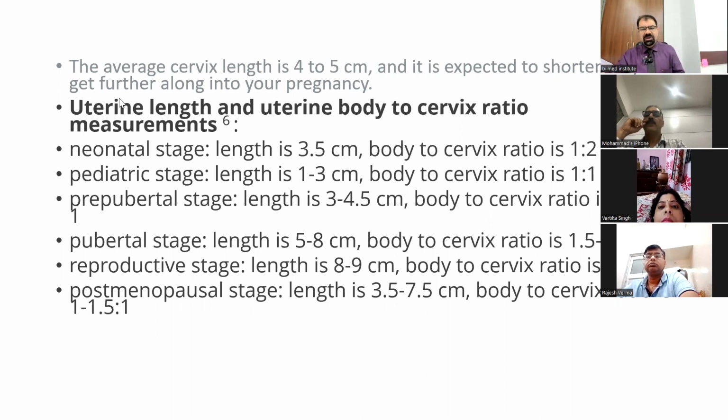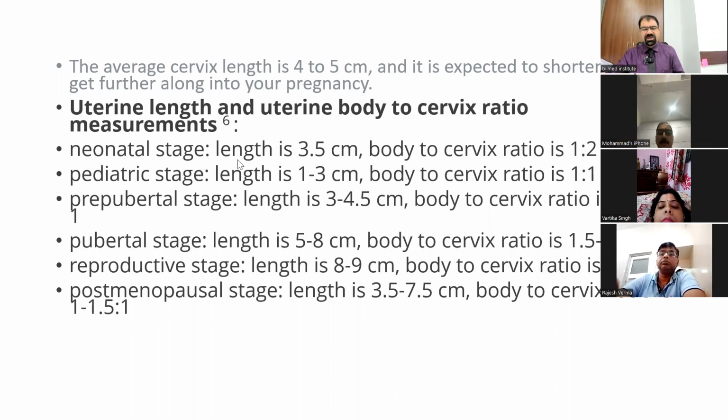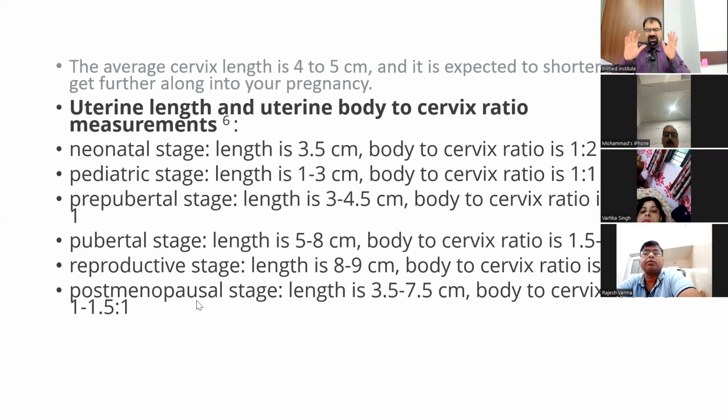Now, there is something which is called the uterine length and uterine body to cervical ratio. You can take a snipper shot of this over here. In the neonatal stage, the length of the body and cervix should be this much. You can take a snipper shot and paste it in front of your machine to see what the ratio is, whether this ratio is disturbed or not.